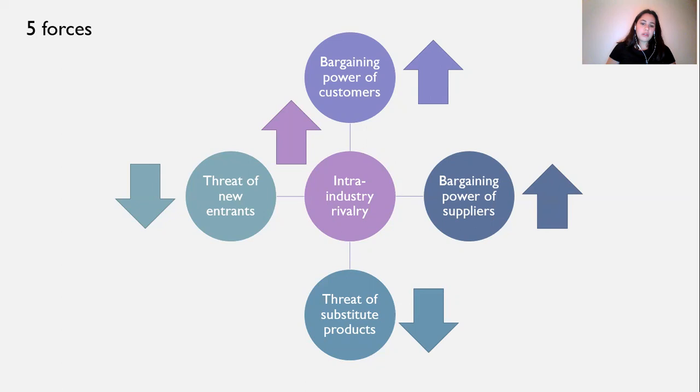And for threat of substitutes, I'm taking as substitutes, for example, buses or cruises, for long distances or transatlantic trips. In this case, they have low power because the experience might be good.